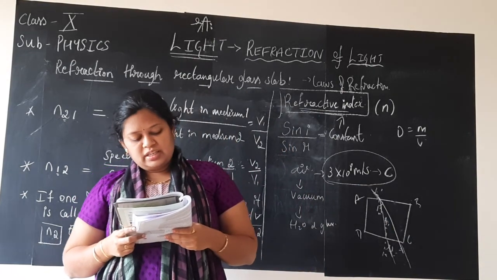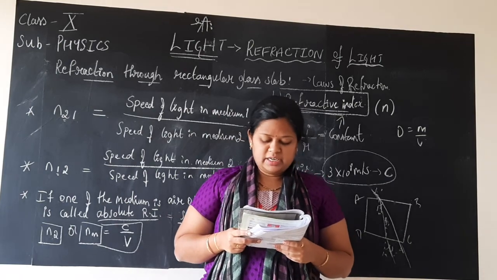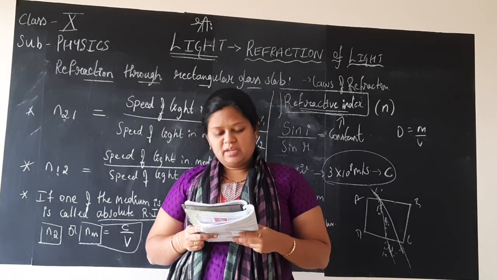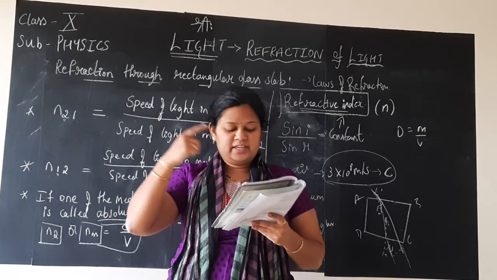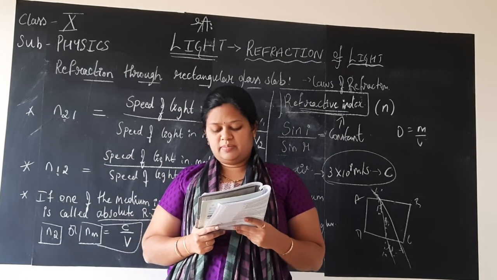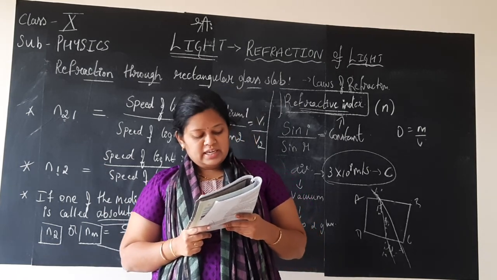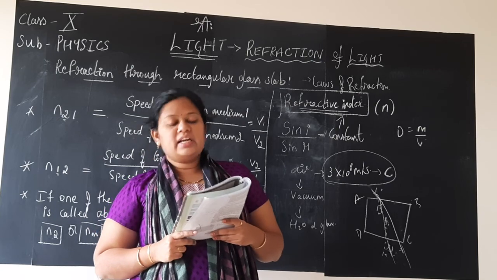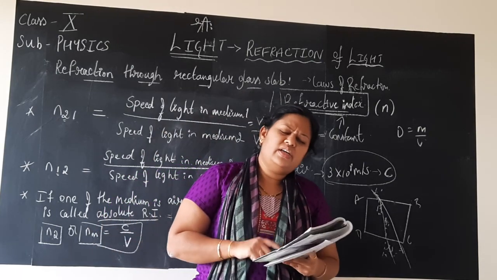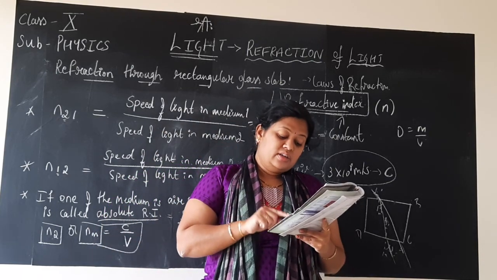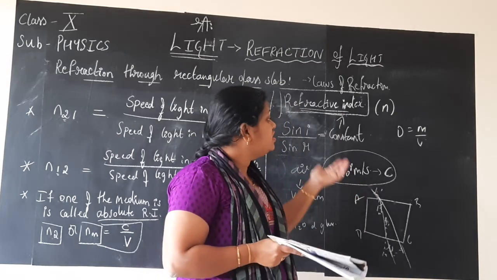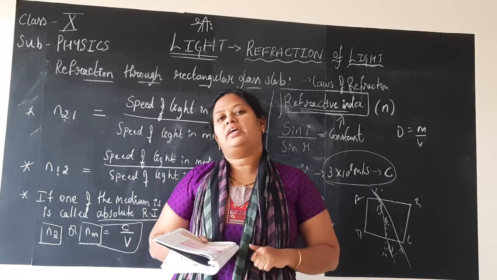We have been using the terms rarer medium and denser medium in this chapter. It actually means optically rarer medium and optically denser medium respectively. When can we say that a medium is optically denser than another? This is very important, please mark. How do you compare which is optically denser and which is optically rarer?